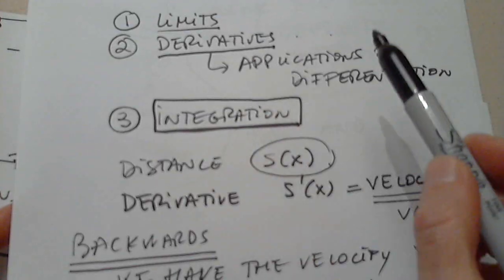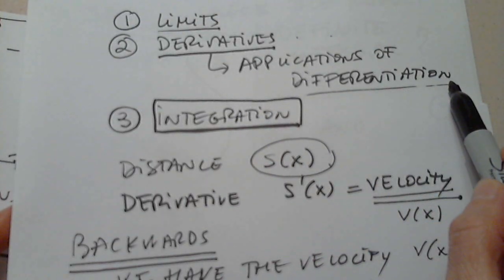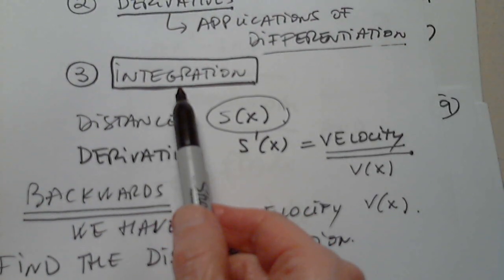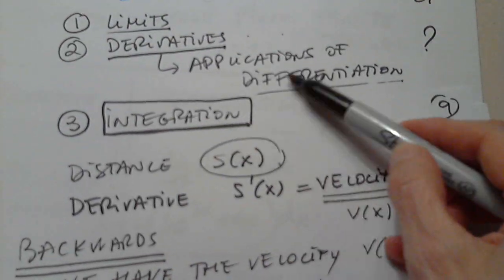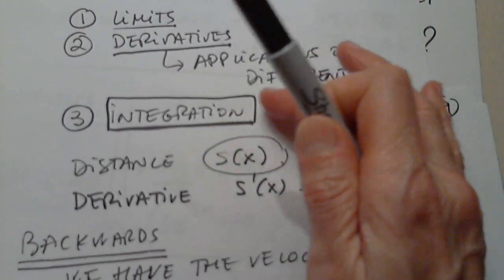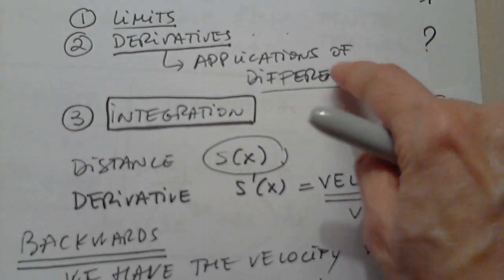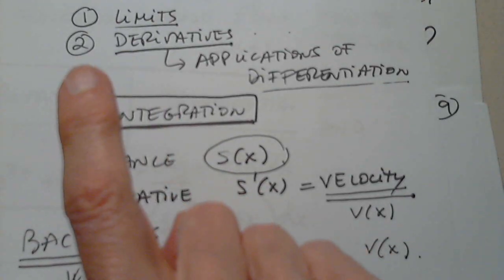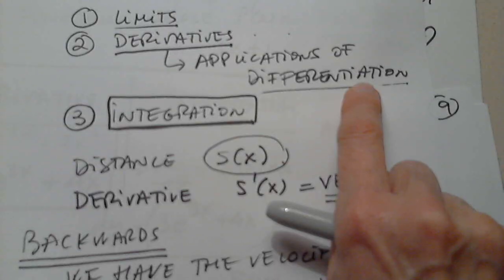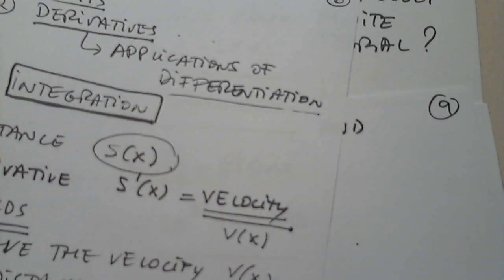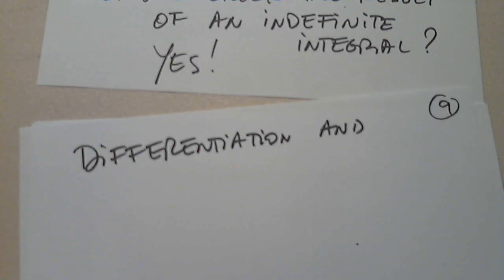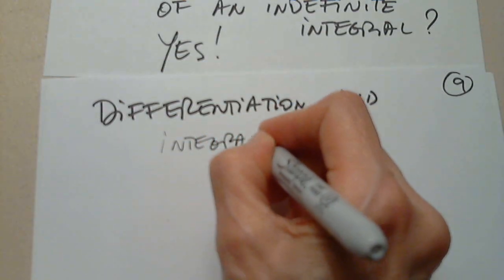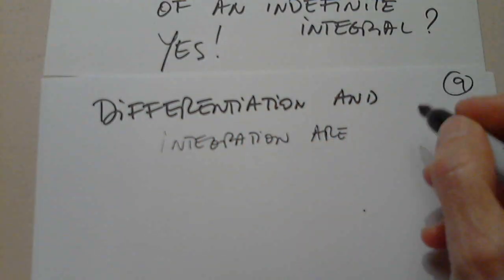The derivative refers to the process of differentiation. The indefinite integral refers to the process of integration. So these are two major processes, and they're inverses of each other. If I differentiate an integral, nothing happens to the function. If I integrate a derivative, nothing happens to the function. They are inverse operations. So differentiation and integration are inverse operations.